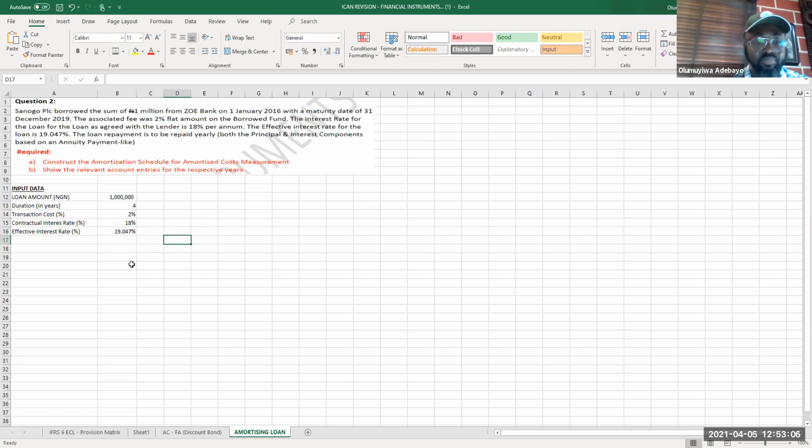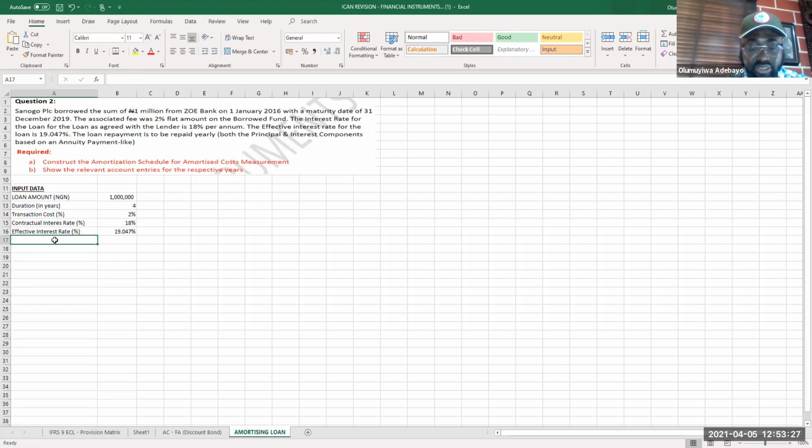Okay, we need to recall there's information missing. This loan is such that the repayment is yearly. A portion of principal and interest components are paid each year.